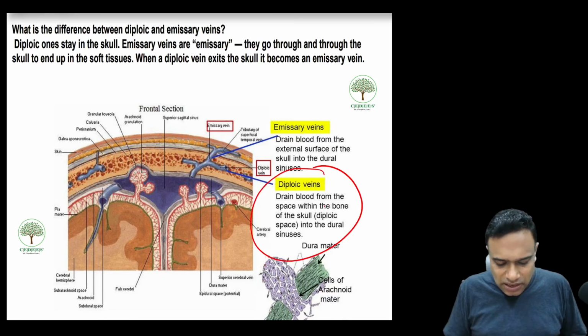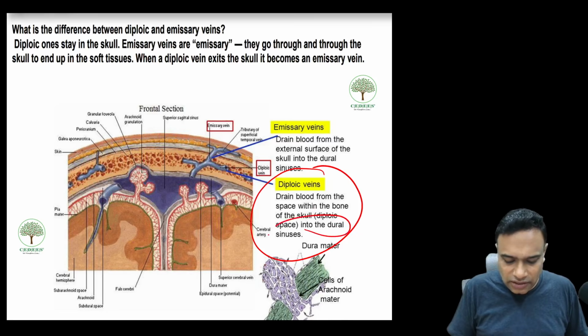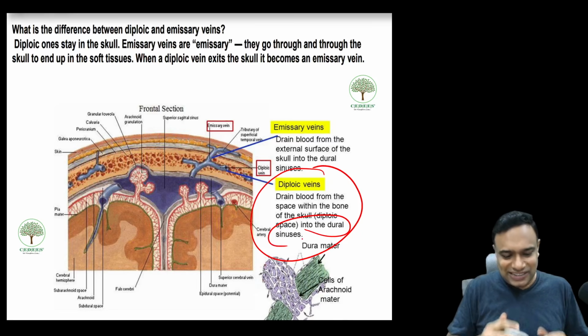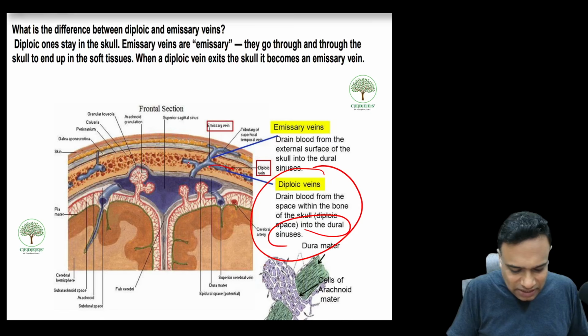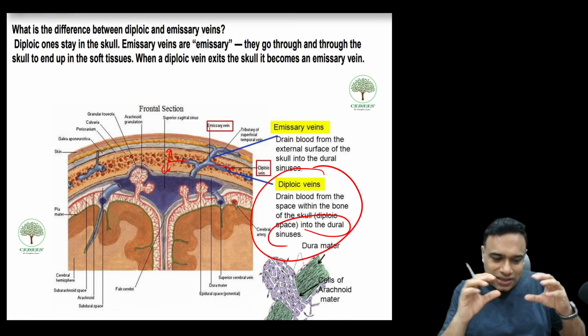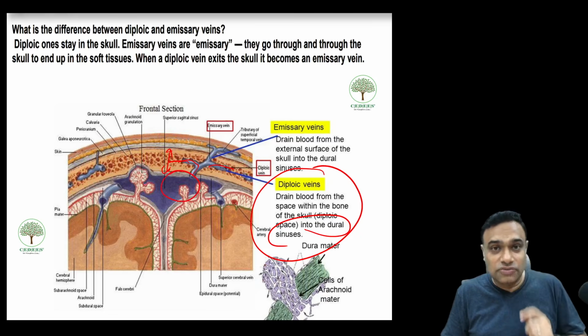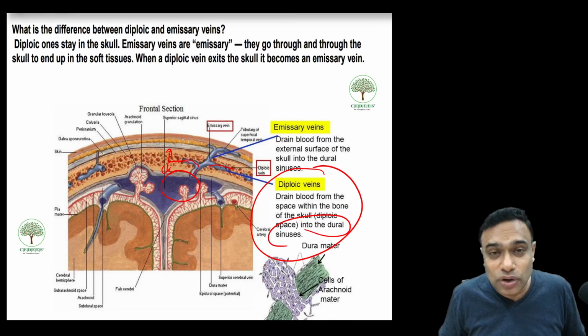They drain the blood from the space within the bone and take it into the dural venous sinus. So these horizontal veins that can be seen here, present in the cancellous part of your skull, can be connected to the emissary veins. They can move into your intracranial dural venous sinuses. They're called the diploic veins.